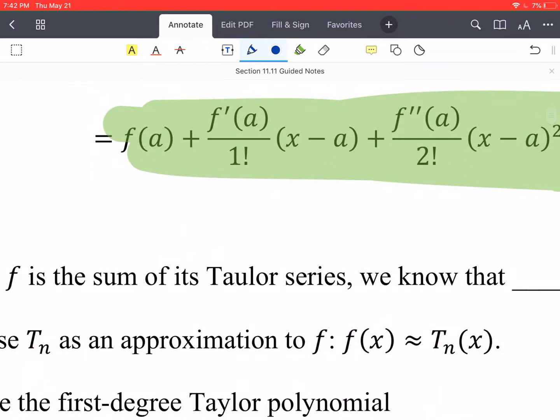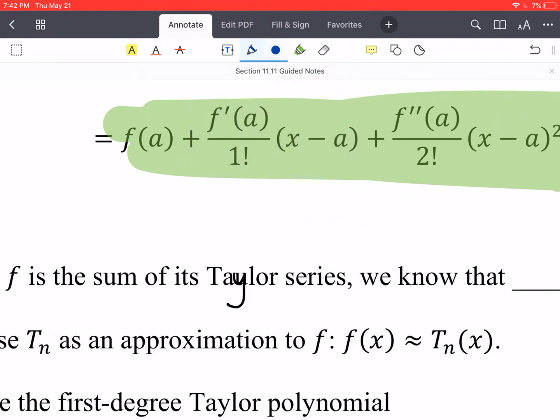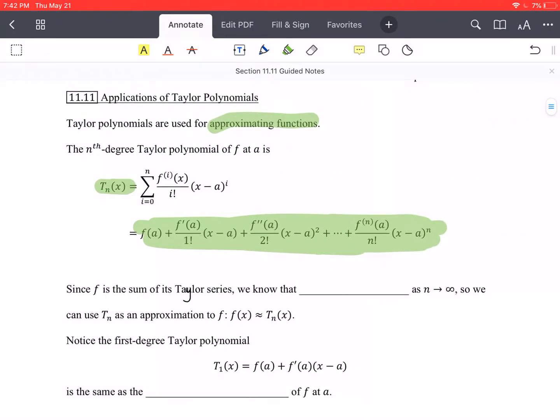Since f is the sum of its Taylor series, we know that the Taylor polynomials will get closer and closer to f as n goes towards infinity.